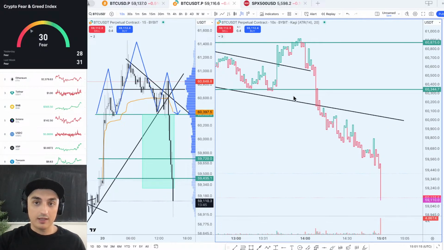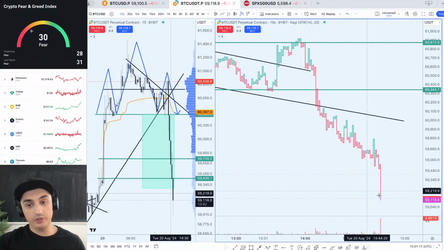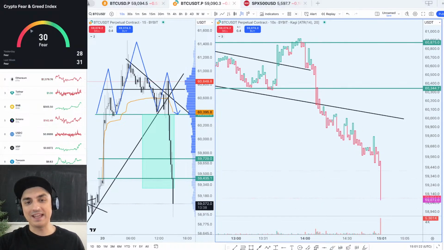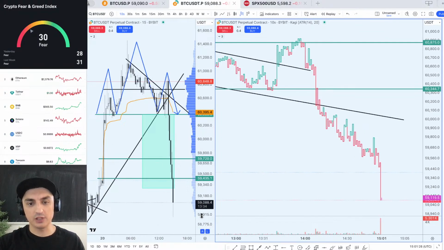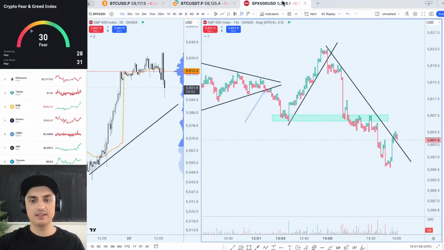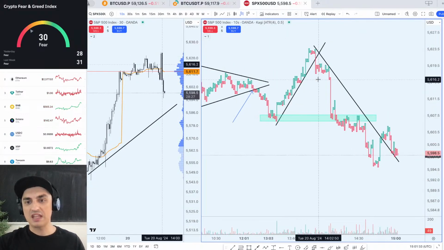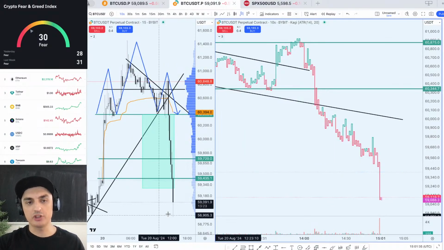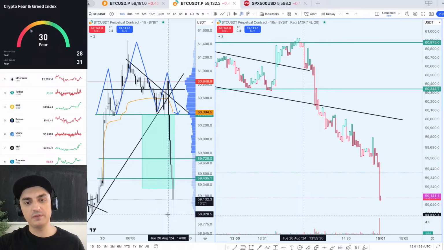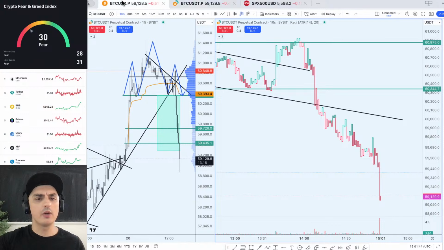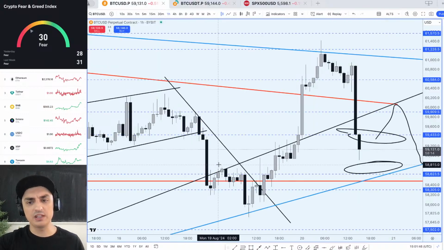All right, guys, we're going to finish this up on a really high note, to say the least. We flushed really hard on this print, and let's take a look at S&P. S&P is kind of still struggling around, but Bitcoin just simply flushed to 58,900 basically, and we're now trading at 59,100.